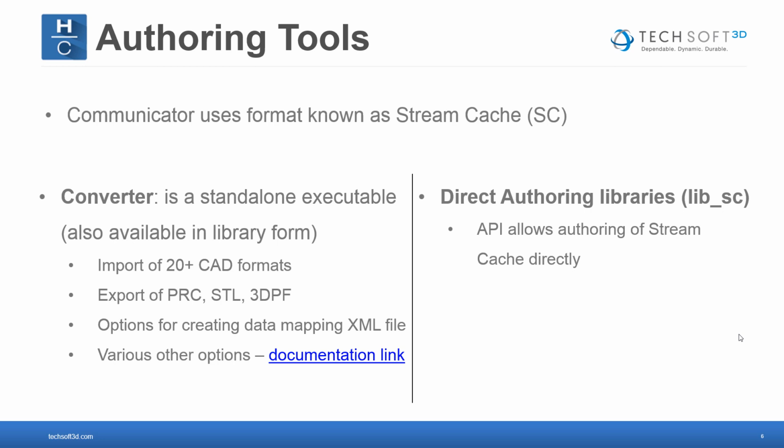But the main thought here is that if you have your own custom file format that we don't support with Exchange, you can still use our system to get your data into it. And once you author these SC files, the system doesn't care if it came from Converter or from libsc. You get all of the benefits of the streaming using your own authoring.